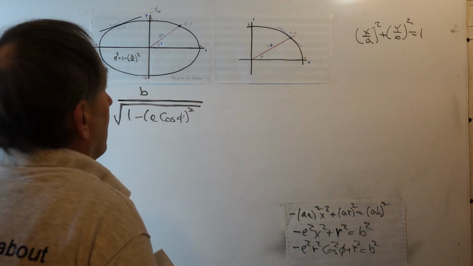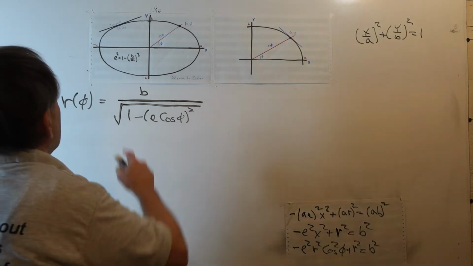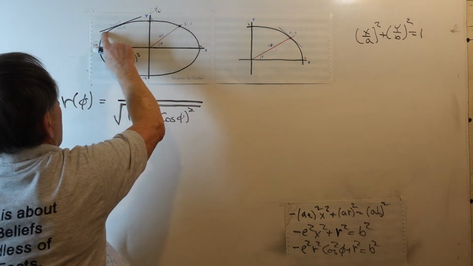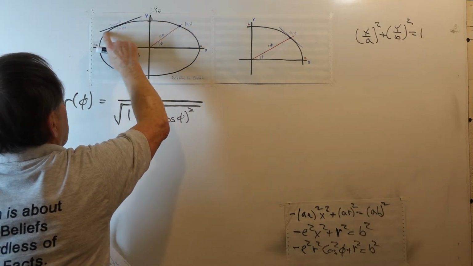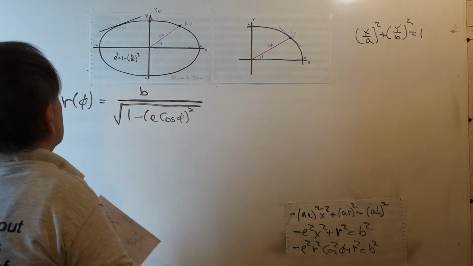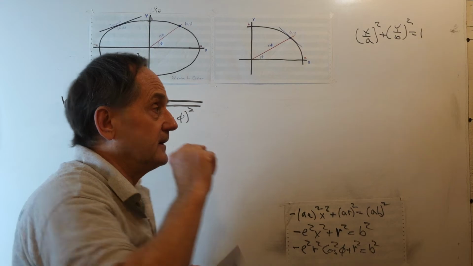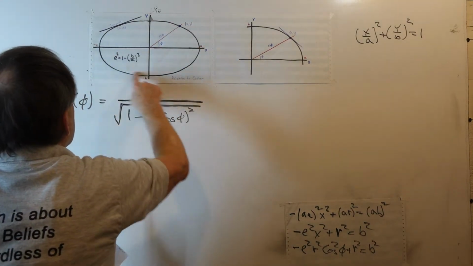Now, another important aspect that we need is to get a description of the tangent line, or a tangent to the surface of the ellipse. And the tangent is a line that just touches at one point the surface of the ellipse.